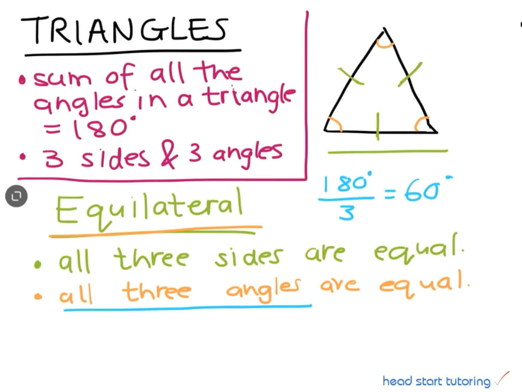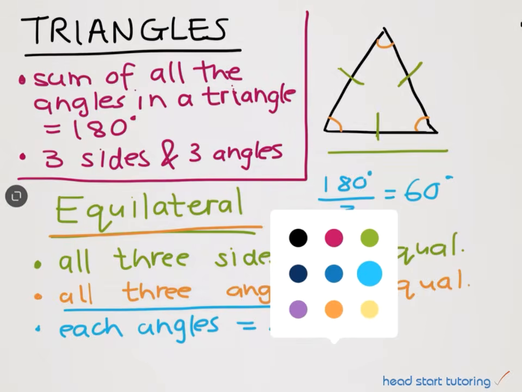Right, so 180 degrees divided by 3 is equal to 60. So that shows us that each angle in our equilateral triangle is equal to 60 degrees.